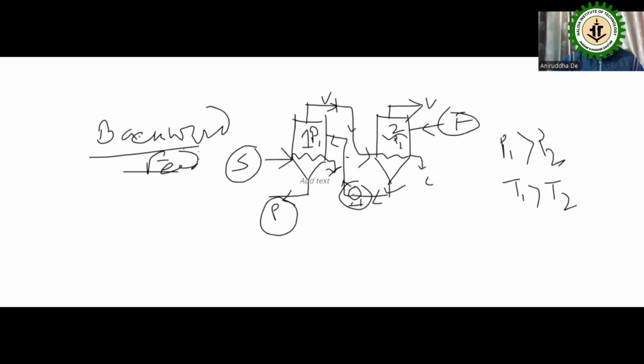Now I will discuss the different types of evaporators used in the food processing industry: falling film, rising film, short tube, long tube, scraped surface.